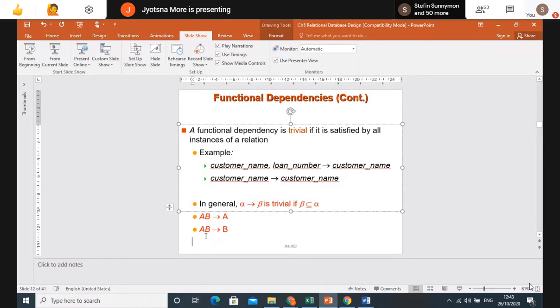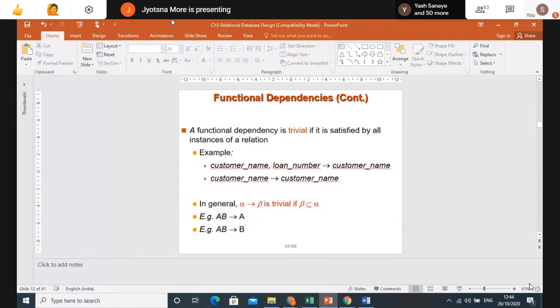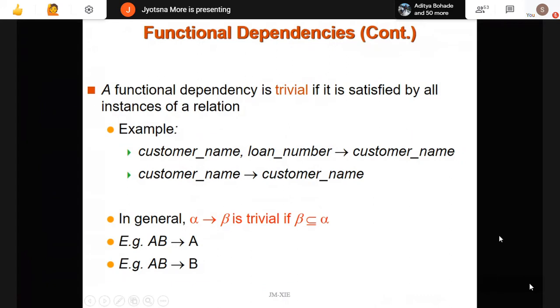This whole is my alpha and this is my beta as per the definition. So if it is a form where beta is a subset of alpha, then we can say alpha determines beta is trivial. These are just examples for your understanding. Everyone clear? We will again solve a sum based on this, so don't worry about it.